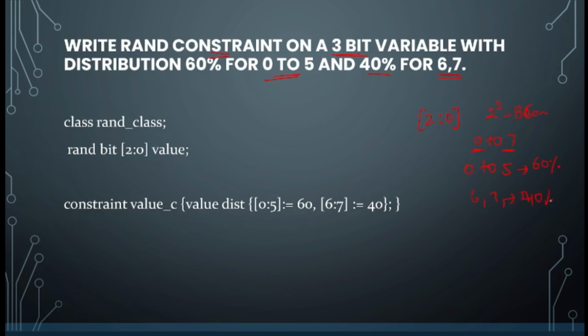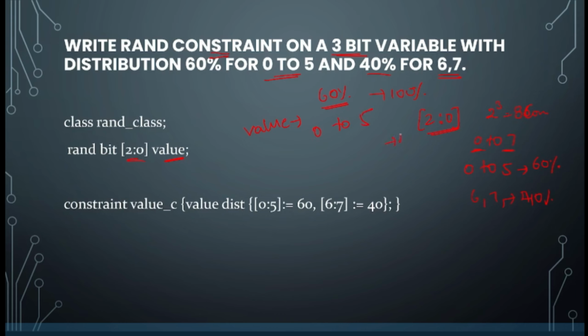For this you need to know what constraint distribution is. Constraint distribution is nothing but the weightage of that particular constraint. So the meaning of this question is that when you are randomizing this variable, value, then out of 100% of the time, at least 60% of the time you should have values between 0 to 5 only.